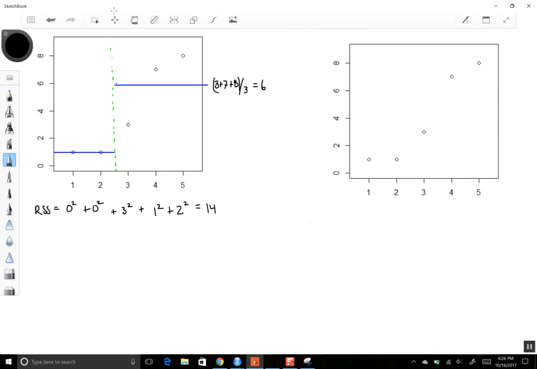Okay, and then lastly, if I do the split at 3.5, it considers every single possible partition. So here I'll do this split here, and so we would have a prediction of 7.5 on one side, and then over here we would have 1.67, so 1 2/3 right here.